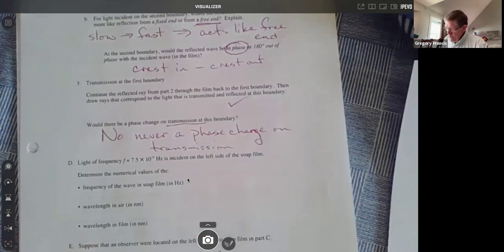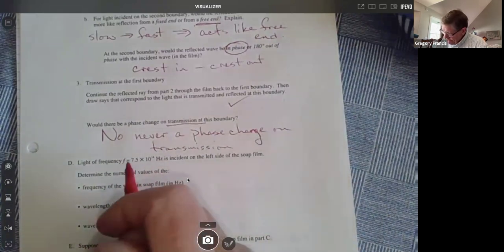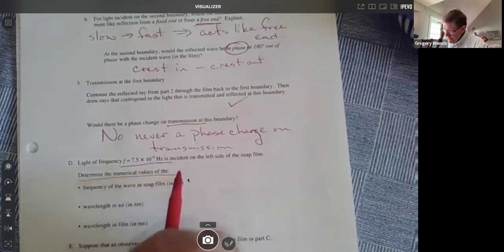Okay, we're going to take light of frequency 7.5 times 10 to the 14 hertz, incident on the left side of the soap film. And first of all, we want to do some number crunching.